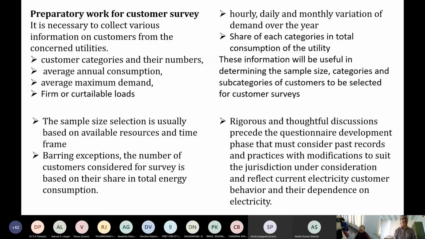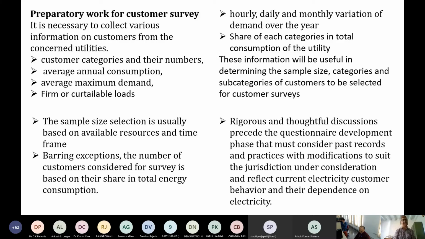What is the average annual consumption for a residential customer? For an industrial customer? And for commercial and other customers like farm or agriculture customers? And what is the average maximum demand for these customer categories? And whether the loads are firm or curtailable.